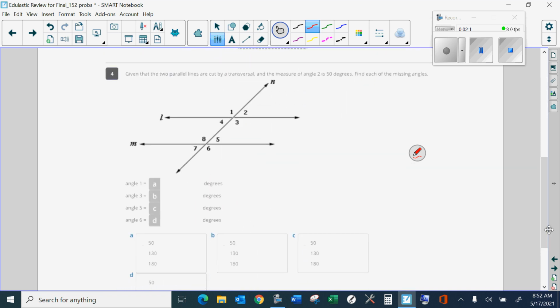Okay, angle 2 is 50 degrees. Angle 1 then has to be 130, a linear pair. You know the names of these as well. Angle 3 is 130, linear pair. Let's turn it to that. Angle 5 is 50 degrees.